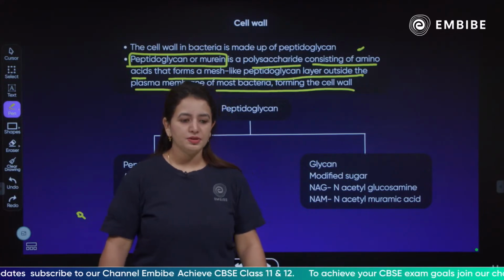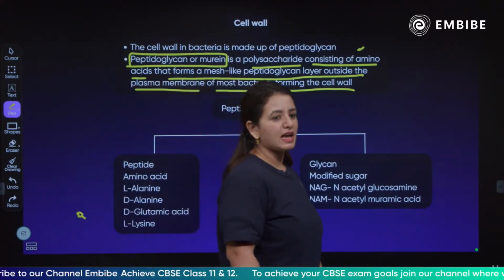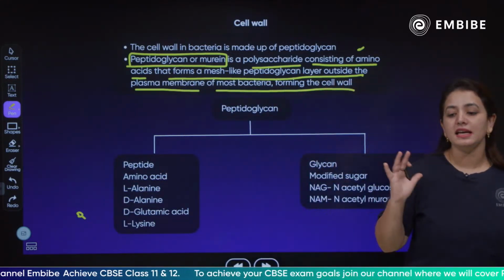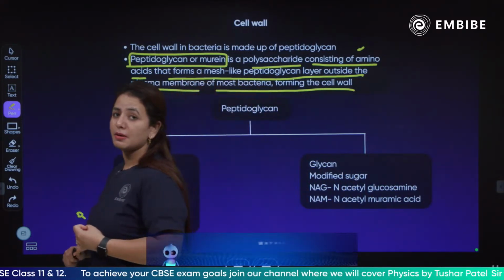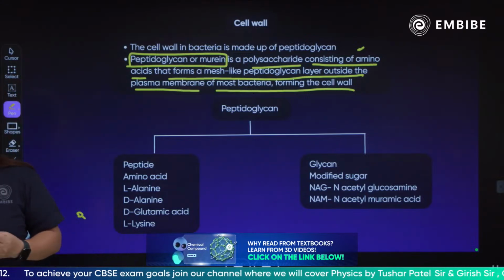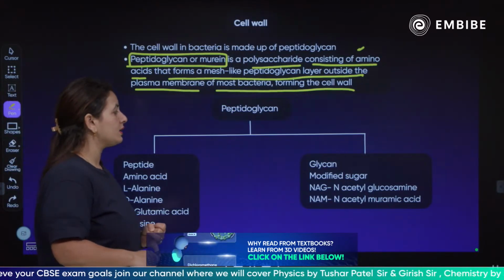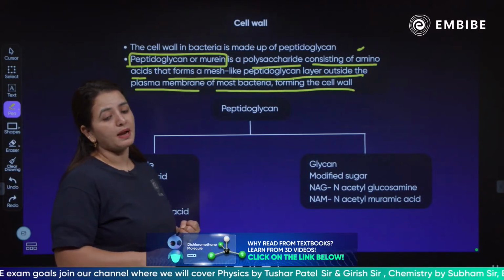I hope this is clear what exactly creates a cell wall near the plasma membrane: the peptidoglycan, which we can also call murein.